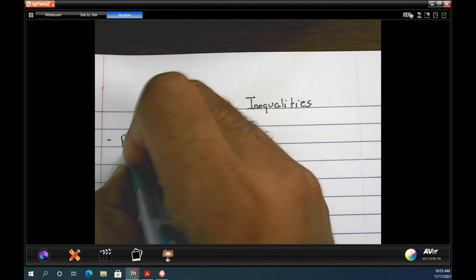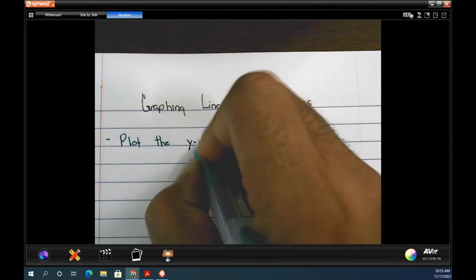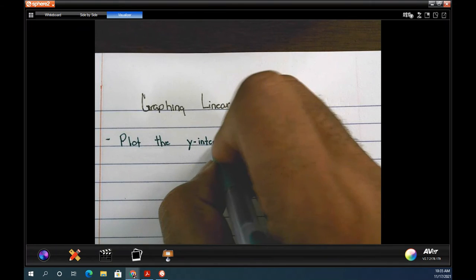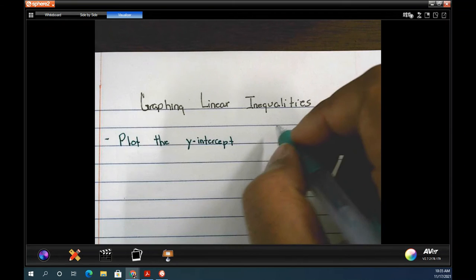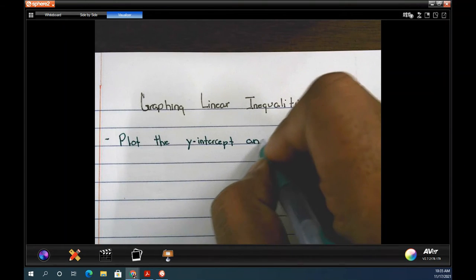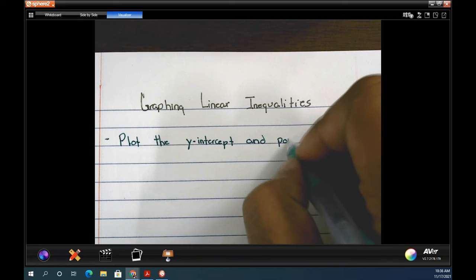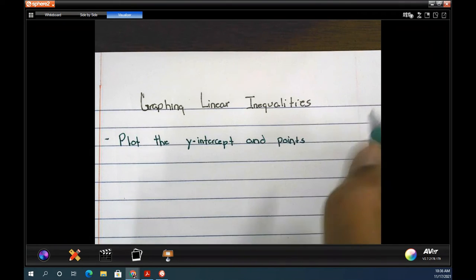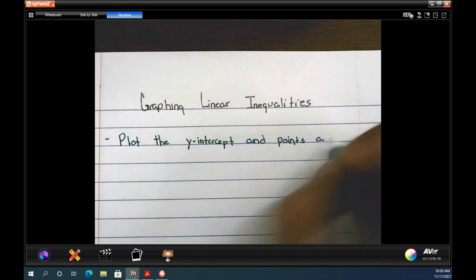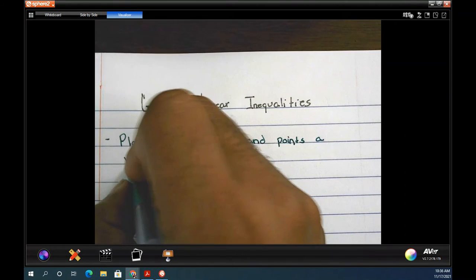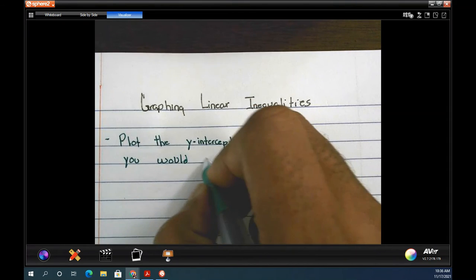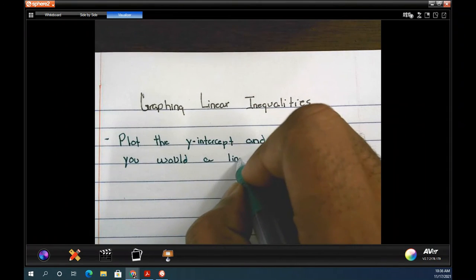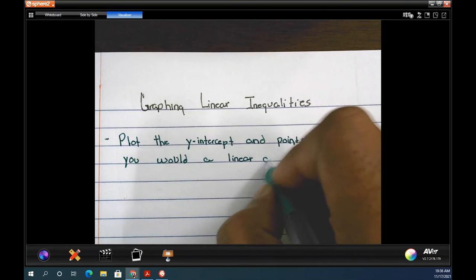plot the y-intercept and points as you would for a linear graph.